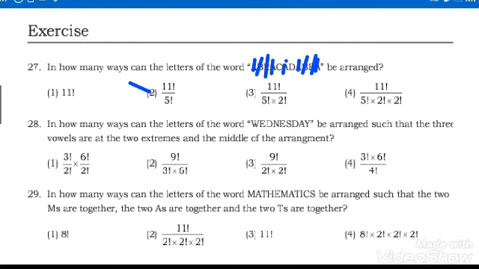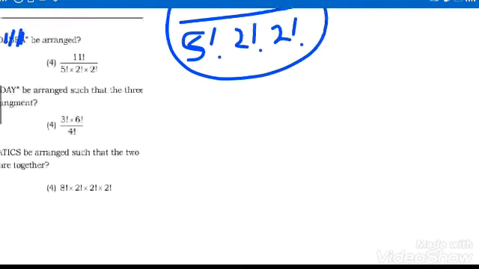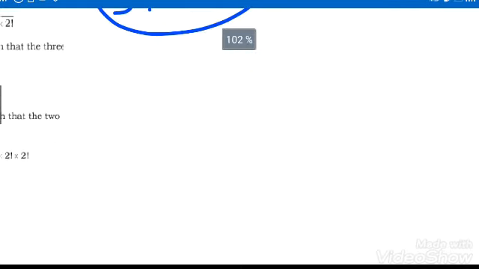Now the next question says, in how many ways can the letters of the word Wednesday be arranged such that the 3 vowels are at the 2 extremes and the middle of the arrangement? So we're looking at Wednesday. Let's bring out the word first.